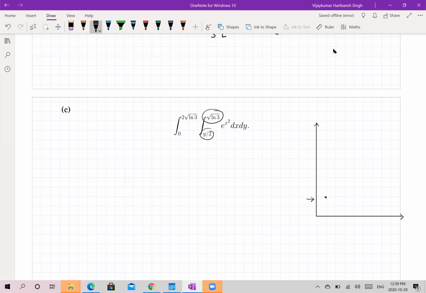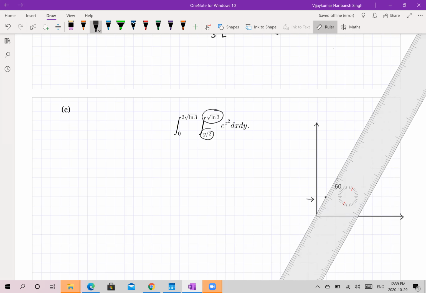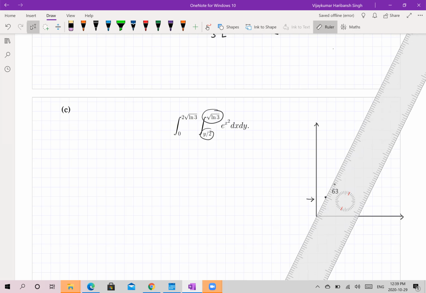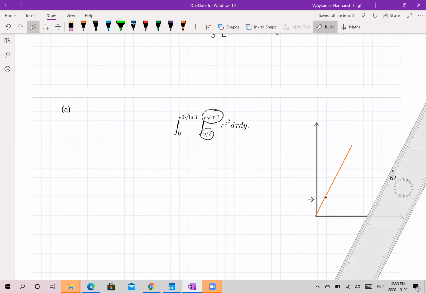So let me draw that line. Let me use a different color. x equals to y by 2. And then it hits the curve x equals to square root of ln 3, right?